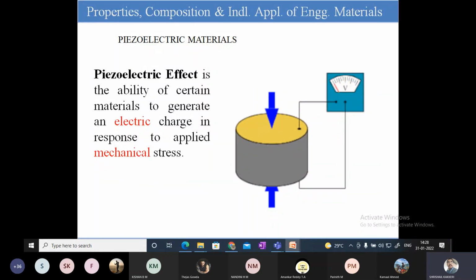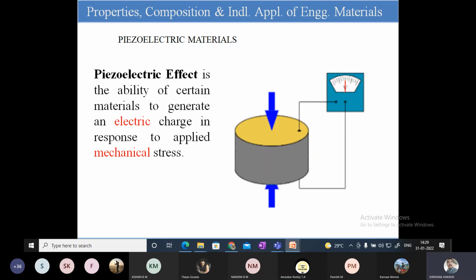Now, just before we get into this, we'll try to understand what this piezoelectric effect is. One of my students did a small work on the piezoelectric effect. If you want, I'll share the video of it and present it to you next class. The piezoelectric effect, we fundamentally studied in high school also.